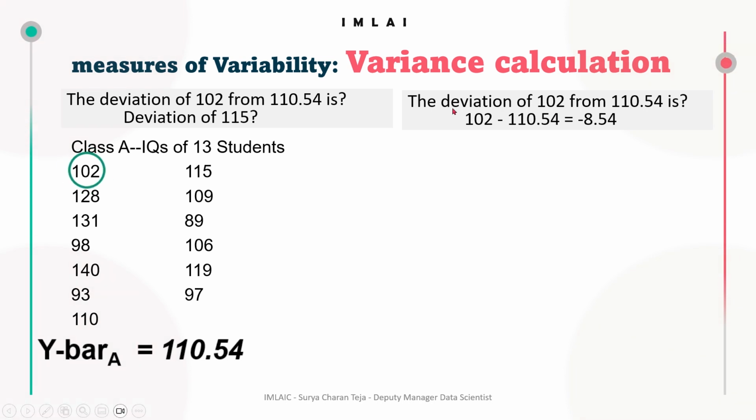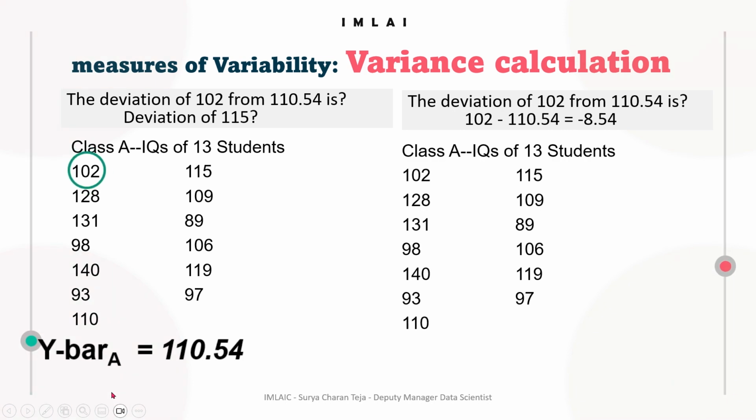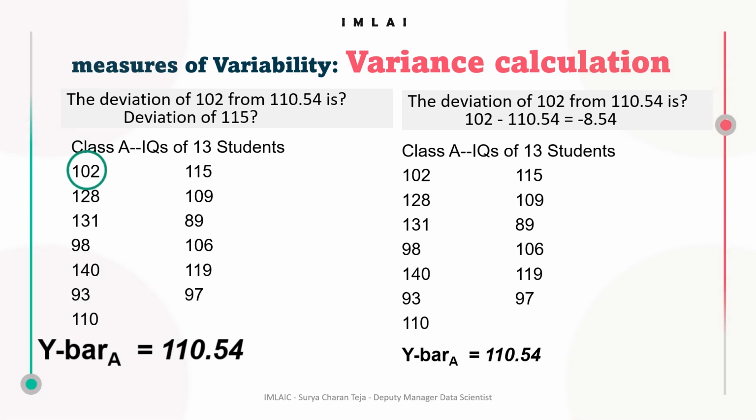Similarly, if you want to do it for the student who holds 115, that is 115 minus 110.54. In this case we will be getting a positive number. This is how we calculate the deviation.